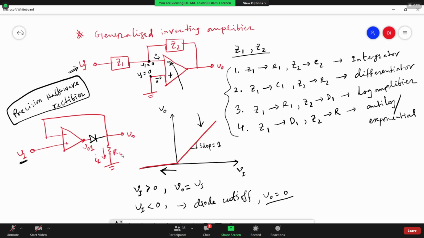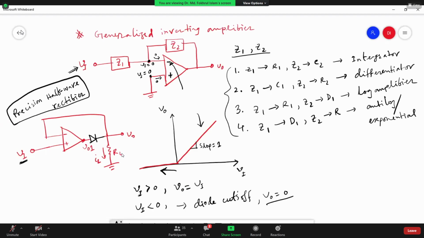The rectification is precise in that even at a small Vi the diode in reverse bias, if it is like an open circuit, then the output voltage will be 0.